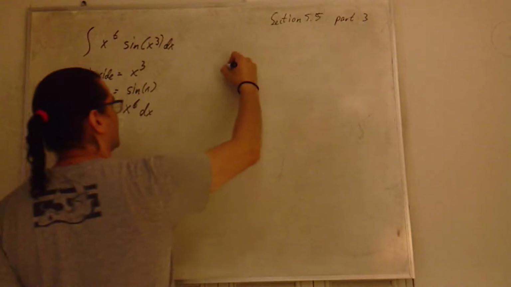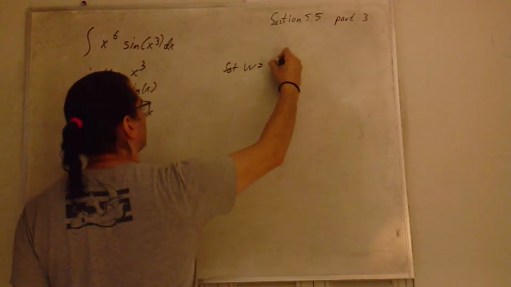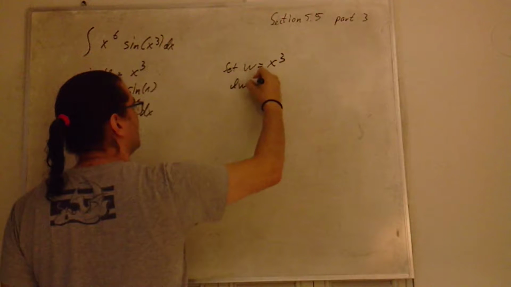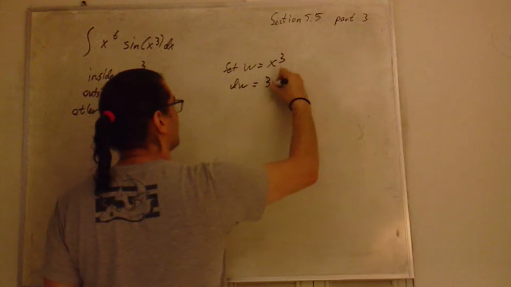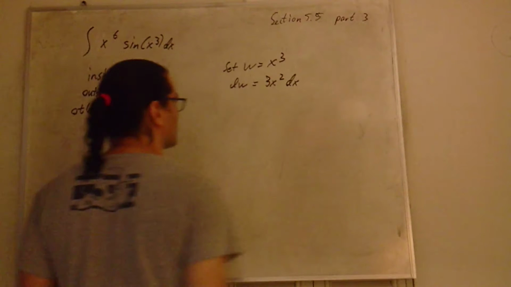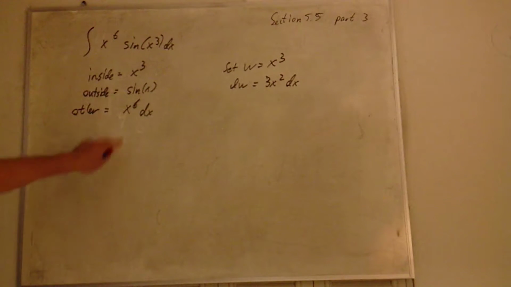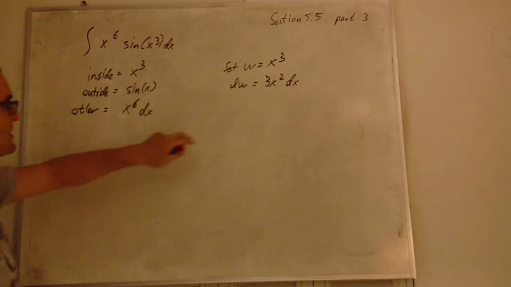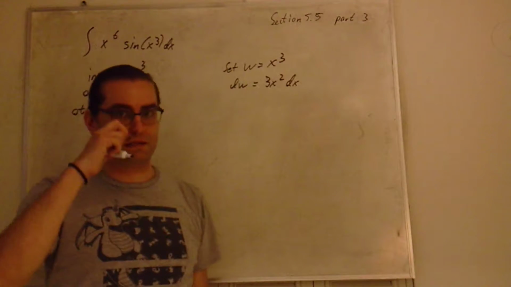So we can set w equal to x cubed. We can get dw is equal to 3x squared dx, and we can see if they match.